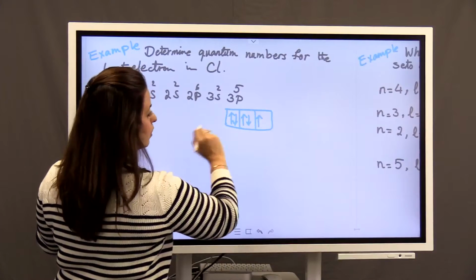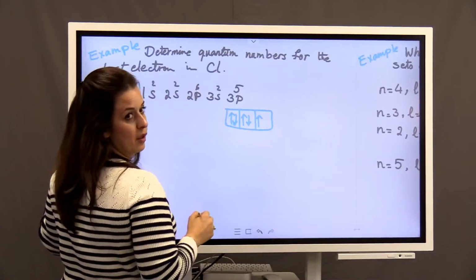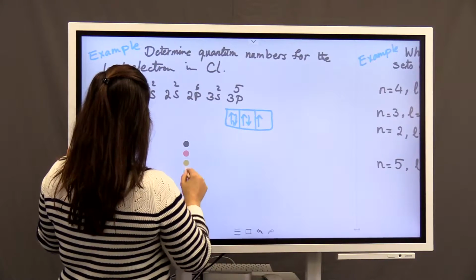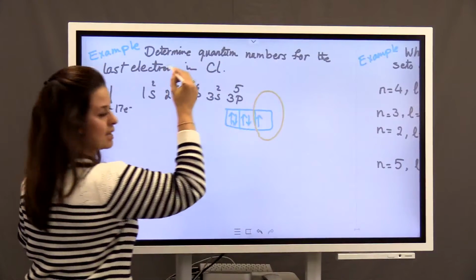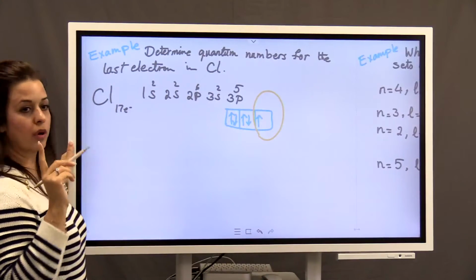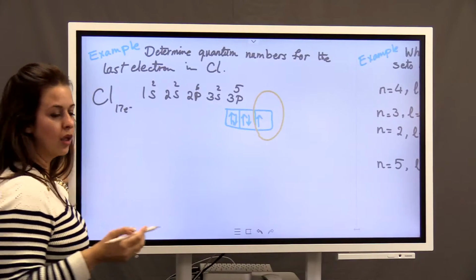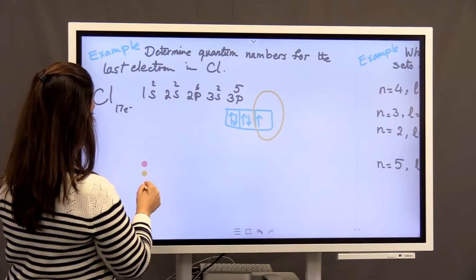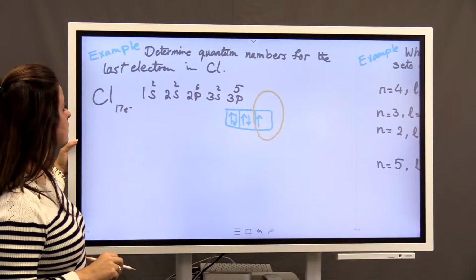Don't forget you need to fill them with 1 electron first and then go back and fill completely paired electrons. So we are talking about this last electron. Here you're lucky because you can determine N and L, and you don't need to do any calculations.